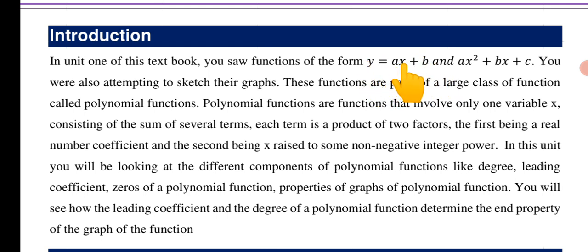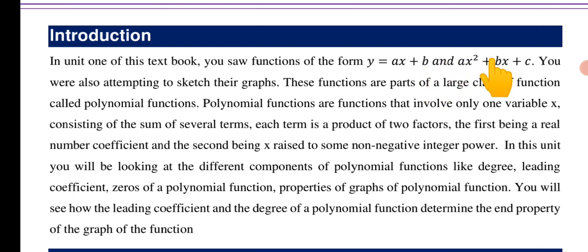Here the exponent of x is 1, and when a and b are any real numbers, but especially a should be different from 0, it is a linear function. A is different from 0 because if a is 0, a times x will become 0 and y is equal to b will become a constant function. The name linear will be changed.